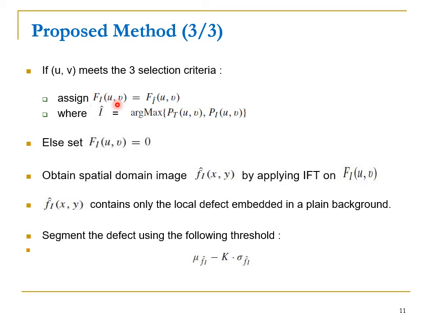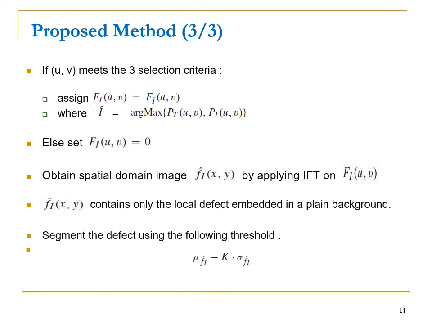If the criteria are being met, then if the power of the template at a point is greater than the spectral power of the image, then assign the spectral value of the template at that point to the spectral matrix. Otherwise, assign the spectral value of the test image to the spectral matrix. We will see it further in a moment.